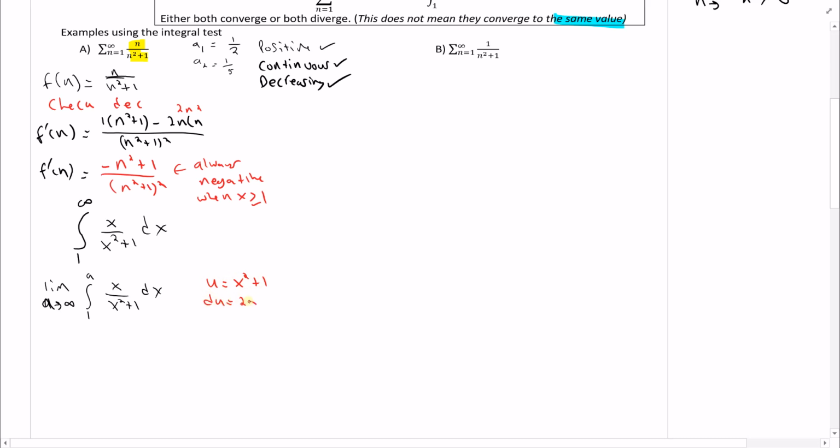Du is going to be 2x dx. Therefore, dx is du over 2x. Okay, so limit a goes to infinity, 1 to a. It's going to be 1 over u, and then dx is du over 2x, and so these x's will cancel, and you're left with that 1/2 there.